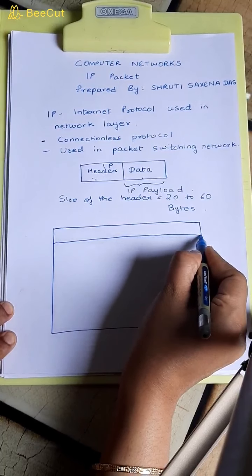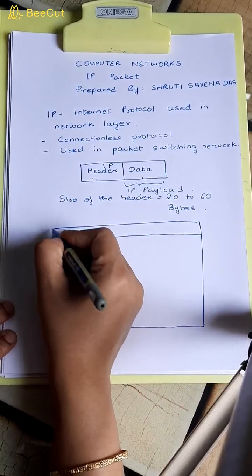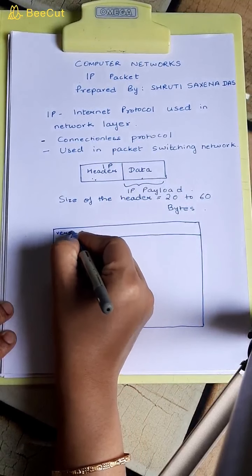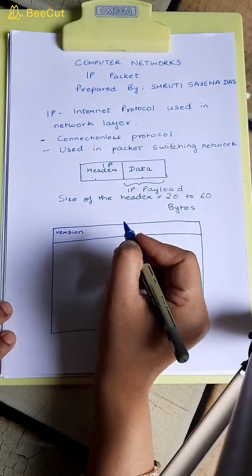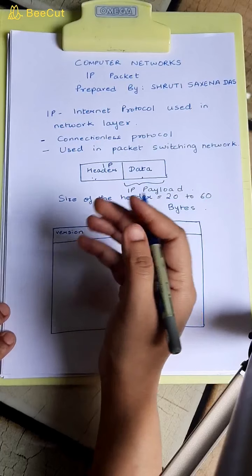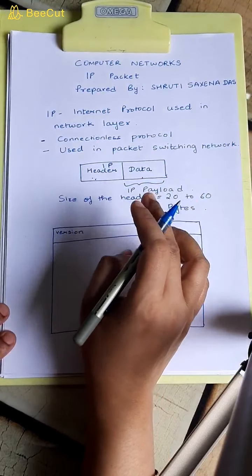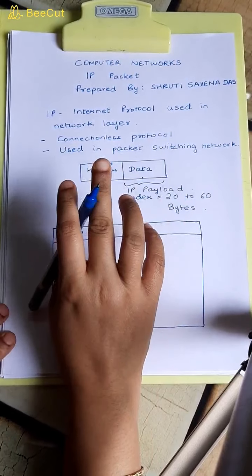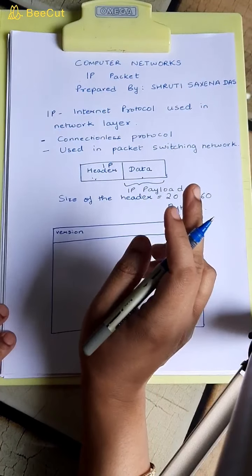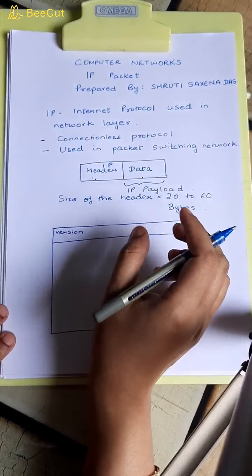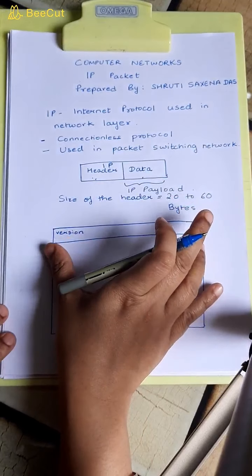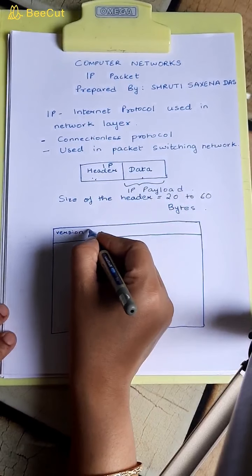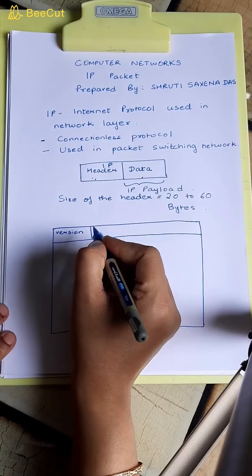Each of these rows is of 32 bits. The first information which is stored is version. Version means which version of the internet protocol you are using. We are discussing IPv4; there are two versions, IPv4 and IPv6. IPv4 uses 32-bit addressing, that's why we are using each row of 32 bits.